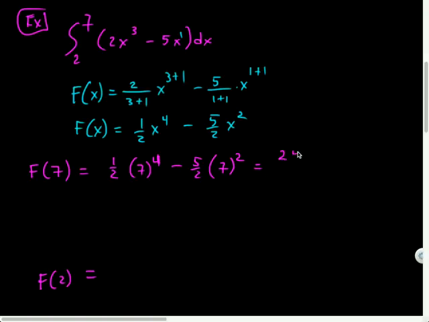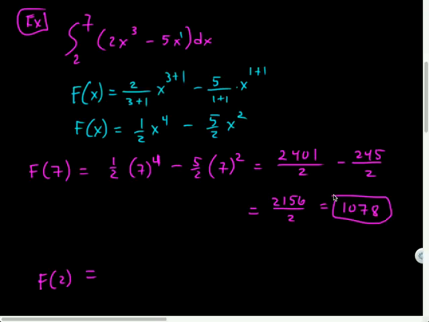That is 2401 over 2 minus 7 squared, 49 times 5. What's that? 245 halves. So that's going to equal 2401 minus 245 is 2156 over 2, which is 1078.